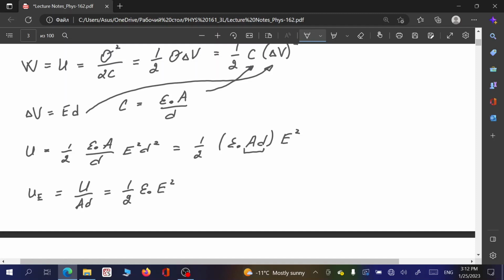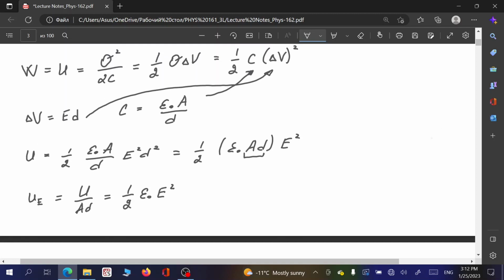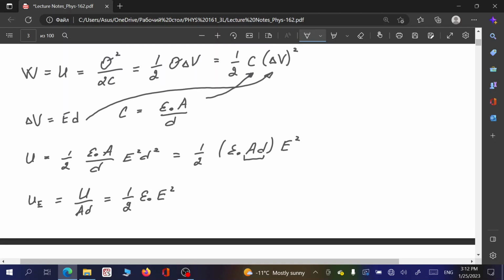So now we have expressions in general for energy accumulated, electric field energy accumulated in a capacitor. It doesn't matter what type of capacitors we are dealing with. If we know charge and capacitance, for instance, the accumulated charge and capacitance of this given capacitor, we can determine the potential energy or any other combination of parameters which are given.